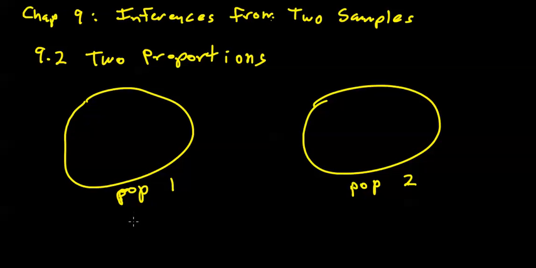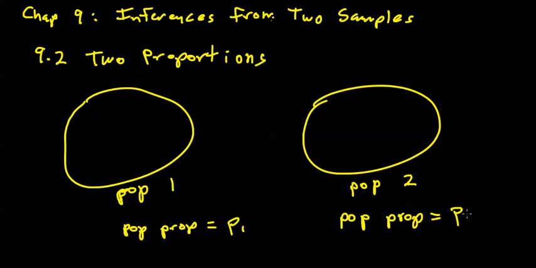Population 1 has a population proportion with some characteristic of interest, and I'll call that P sub 1. Population 2 also has a population proportion with the same desired characteristic of interest, and we're going to call that P sub 2.